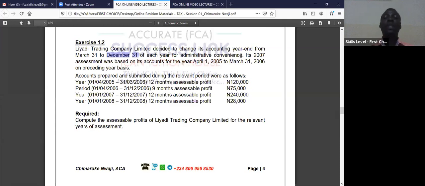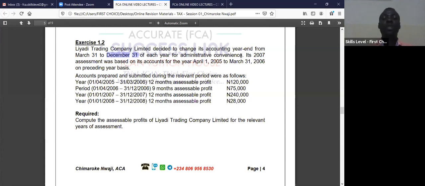It means that previously their financial statements were reading year ended March 31st, year ended March 31st, until such a time that they change to year ended or period ended December 31st.